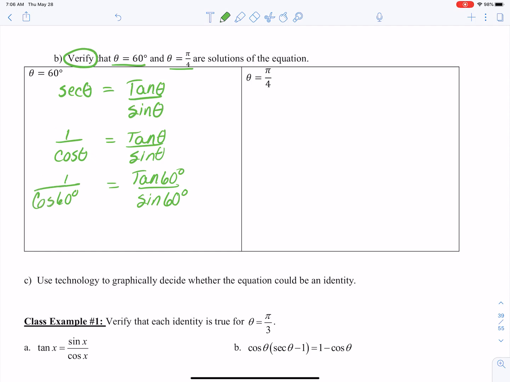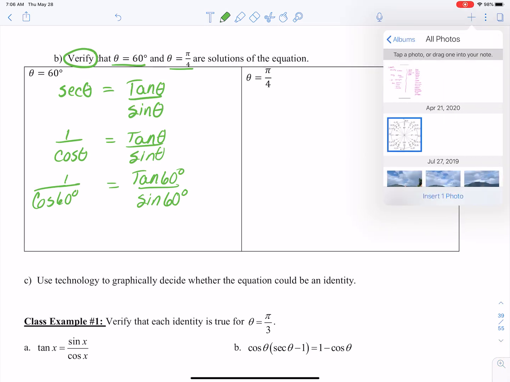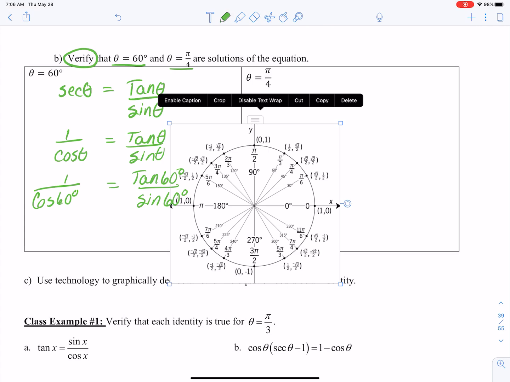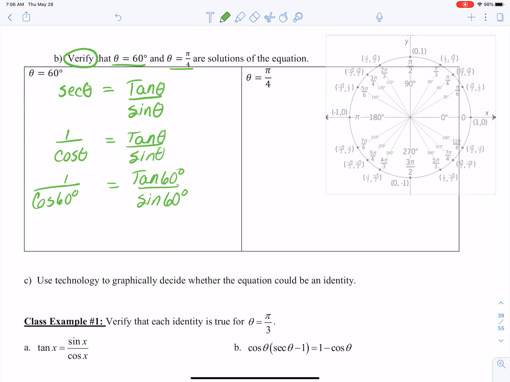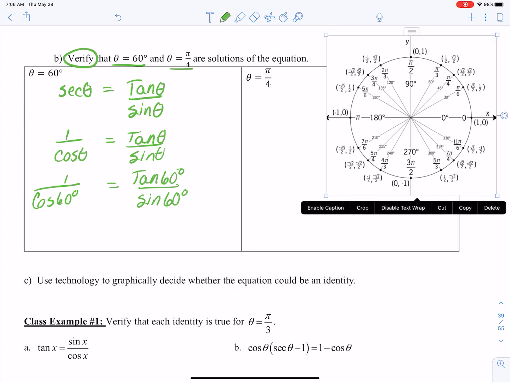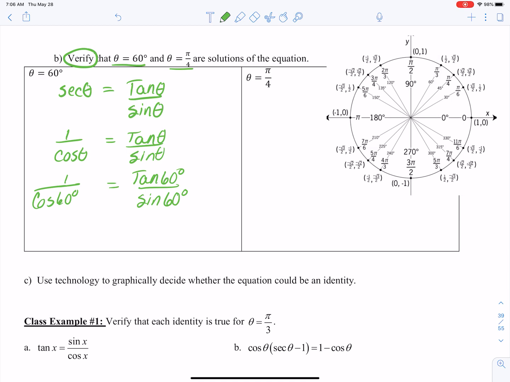All right, now we look at the unit circle. I'll just grab it again here quick. And we determined that cos of 60 is equal to 1/2. So this is 1 over 1/2, which simplifies to 2.